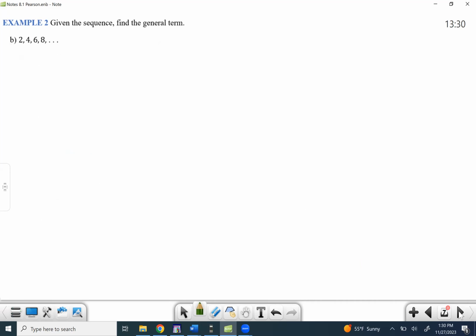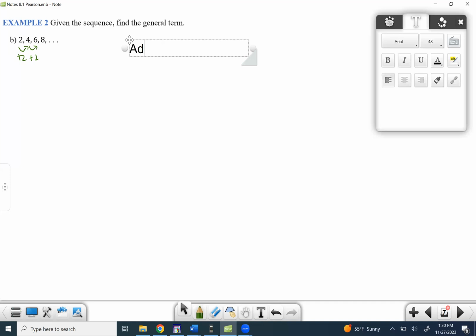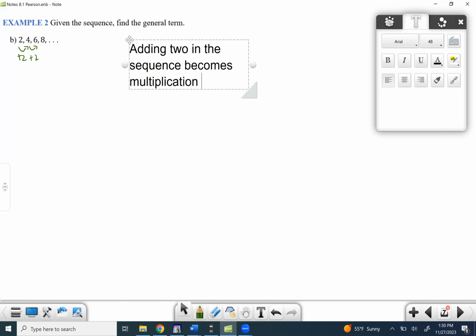All right, so what's happening here is we are adding 2 each time. So whenever you are adding 2, that actually becomes multiplication in the formula. Adding 2 in the sequence becomes multiplication by 2 in the formula.